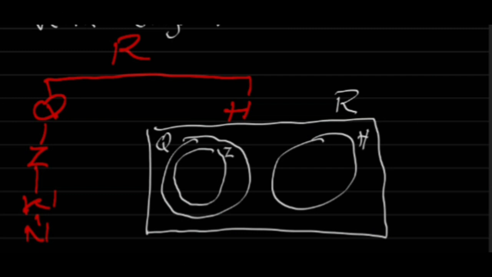Then inside the set of integers, we are going to have the set of whole numbers. So all those numbers here that are outside whole numbers are negative integers. Then inside whole numbers, we are going to have our natural numbers.